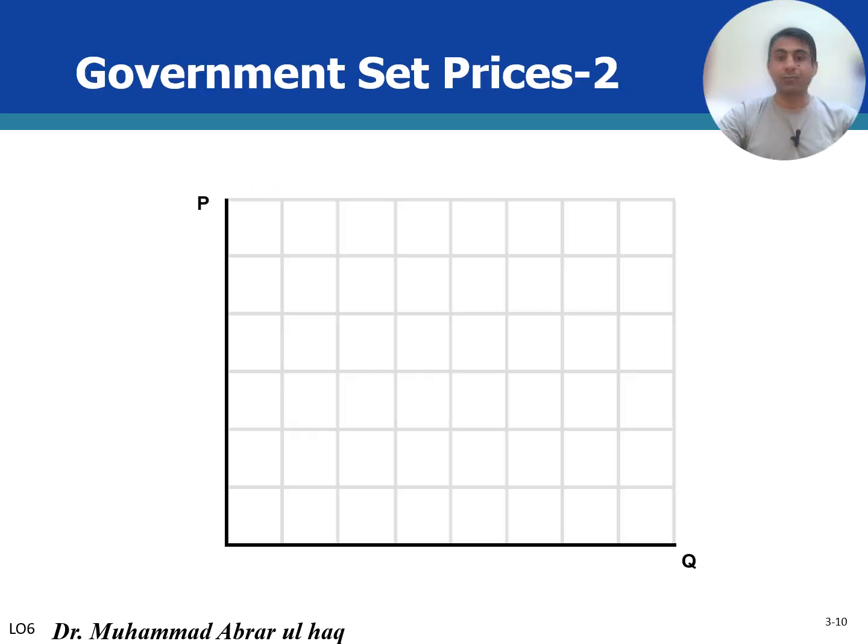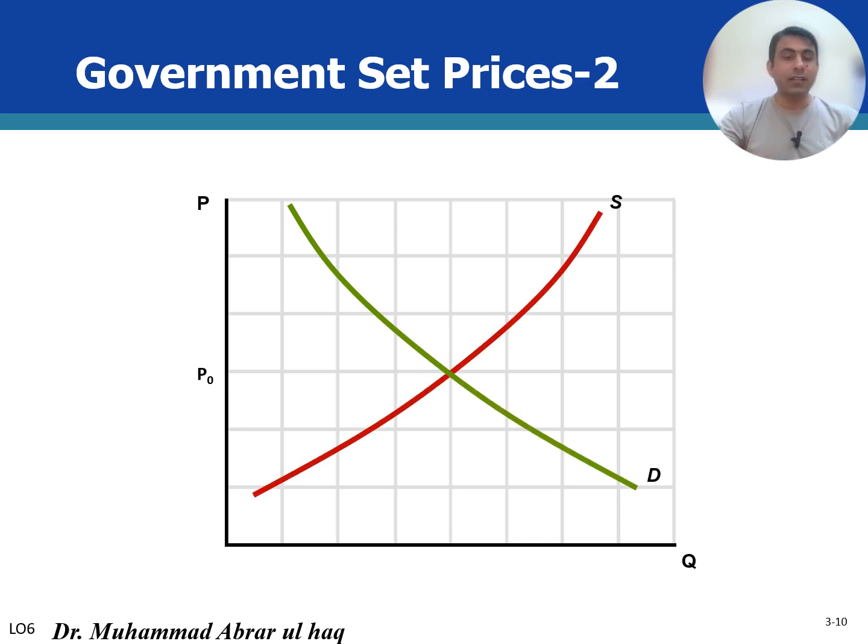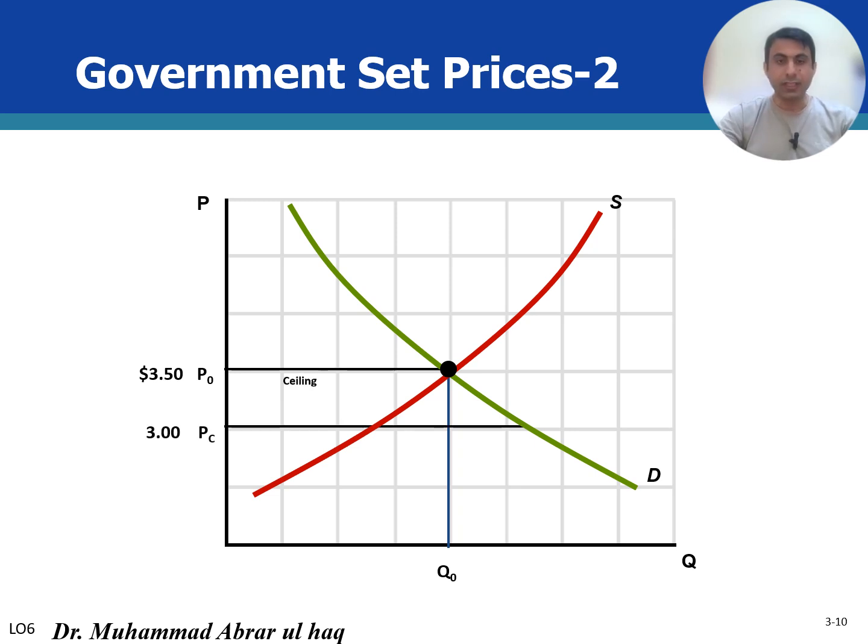If we look at this diagram, the price ceiling, denoted as PC, is a legal maximum price imposed. Here you can see the market equilibrium price is $3.5 and the price ceiling is $3.